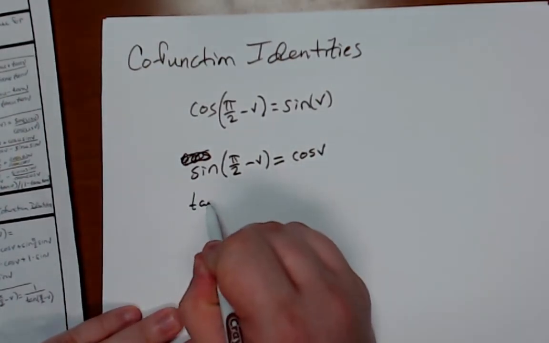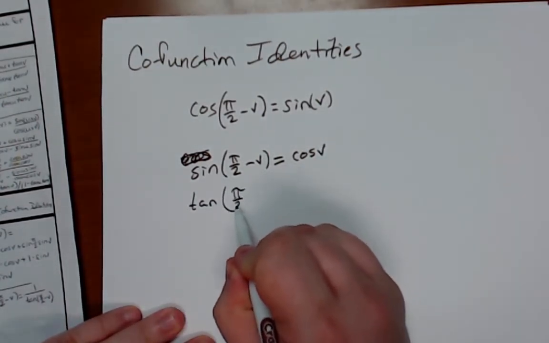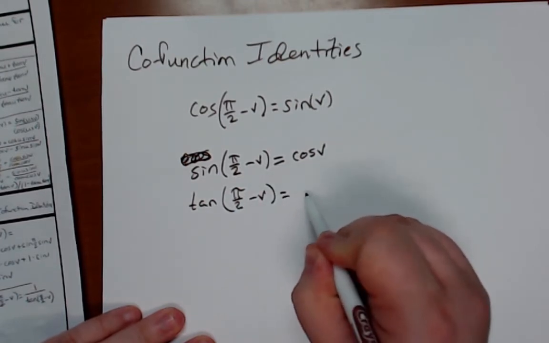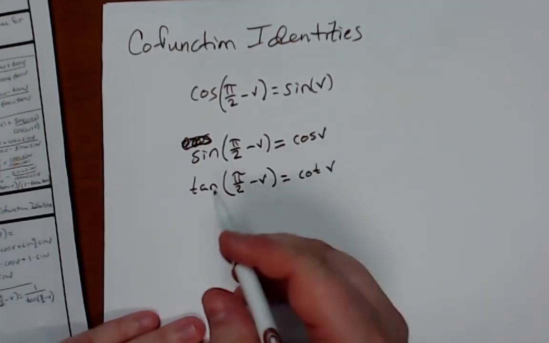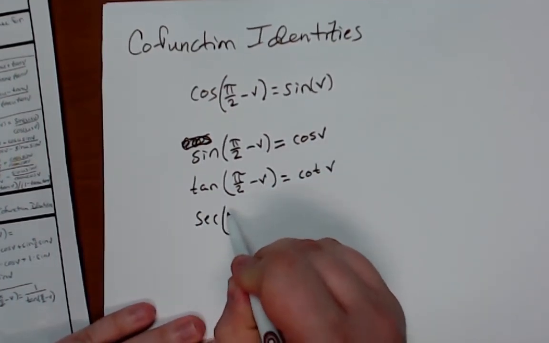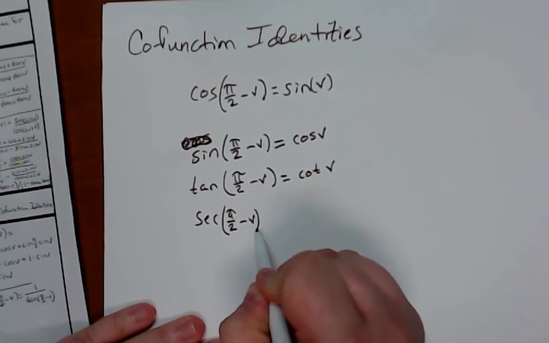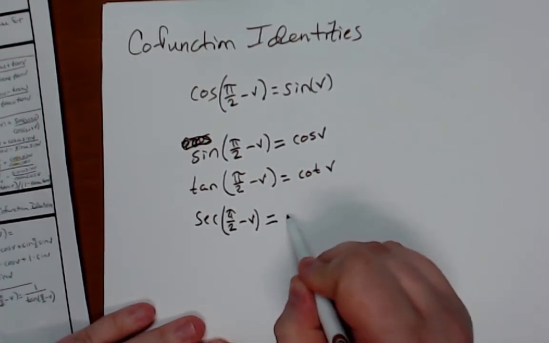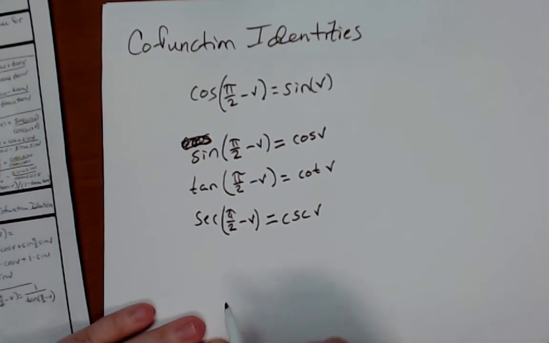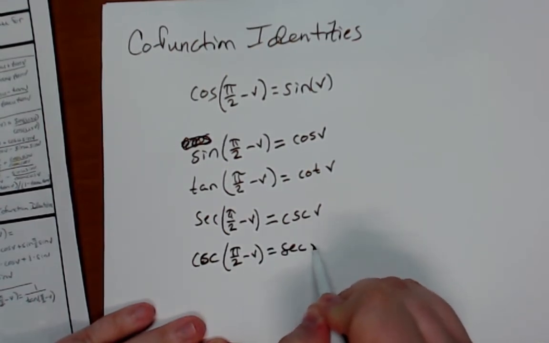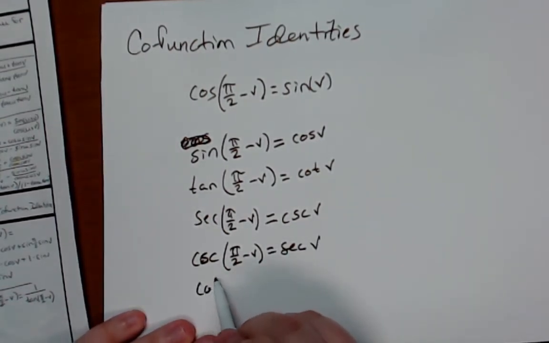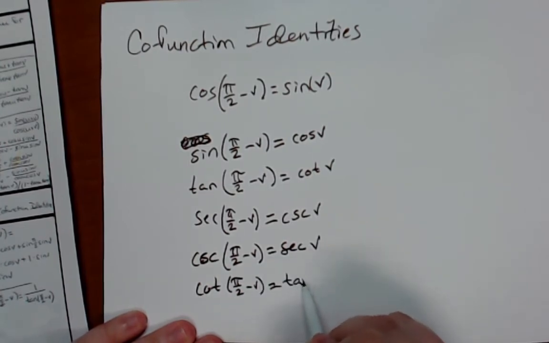If I have the tangent of pi over 2 minus v, it's the same as the cotangent of v. I have the secant of pi over 2 minus v, that's the same as the cosecant of v. The cosecant of pi over 2 minus v is the secant of v. And our cotangent of pi over 2 minus v is tangent of v.